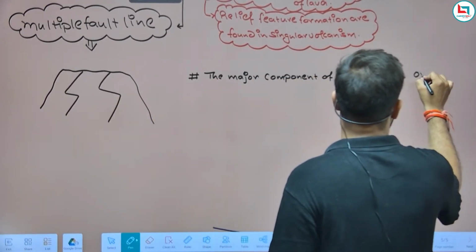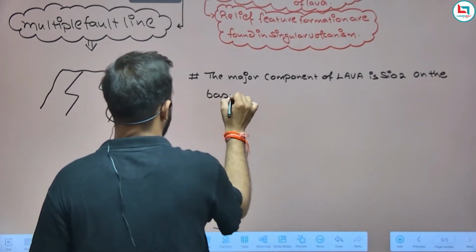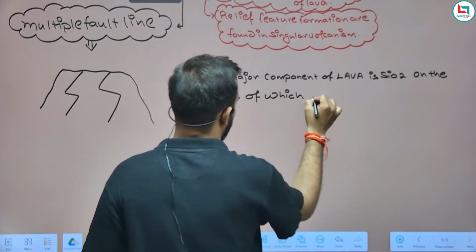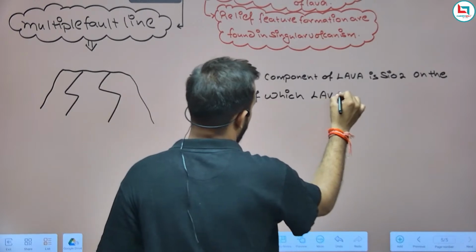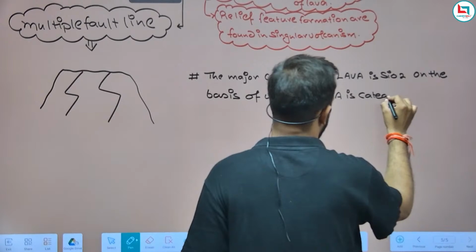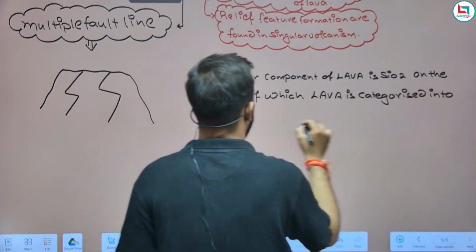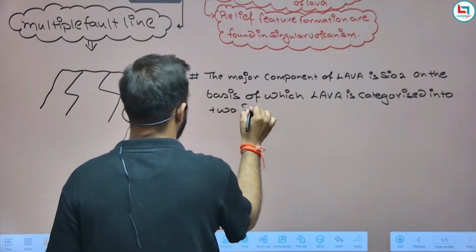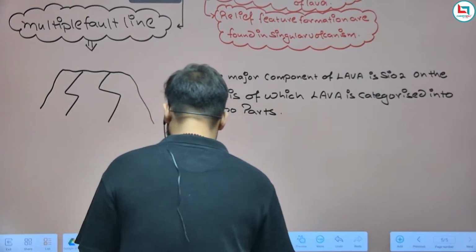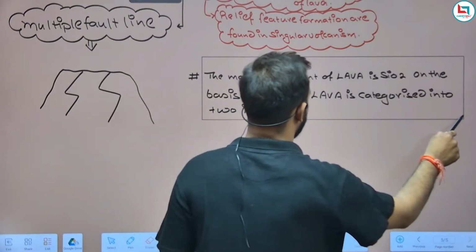On the basis of silica dioxide, lava is categorized into two parts. So what are those parts?